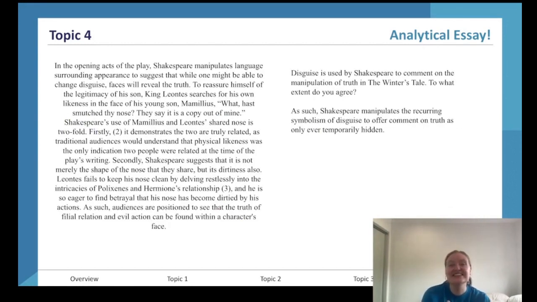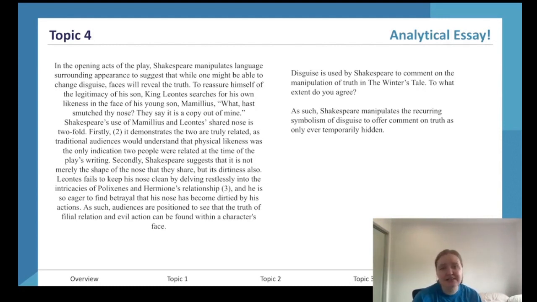All right, so this is an example of an analytical essay body paragraph. This is the question, and this is the thesis that the author has used. It says, disguise is used by Shakespeare to comment on the manipulation of truth in The Winter's Tale. To what extent do you agree?